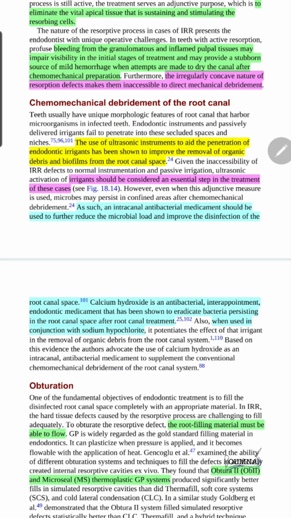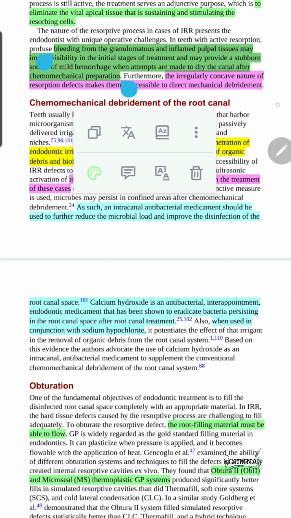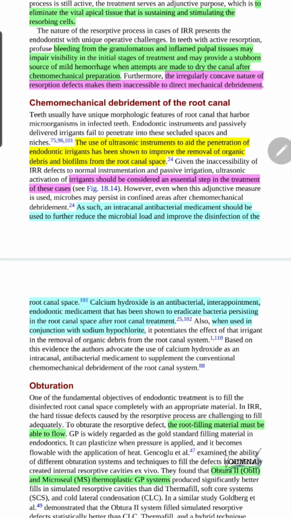When we do the root canal treatment, we may be faced by bleeding from the granulomatous tissue, and inflamed pulpal tissue may impair visibility in the initial stages of treatment. So we use copious amounts of irrigation with activation with the ultrasonic tips to get things under control.